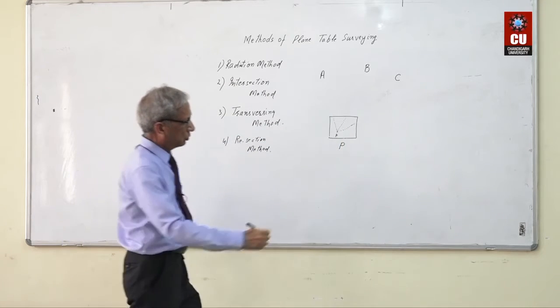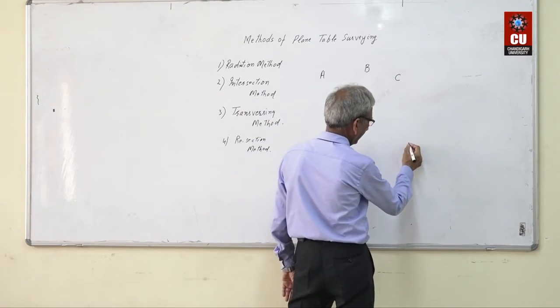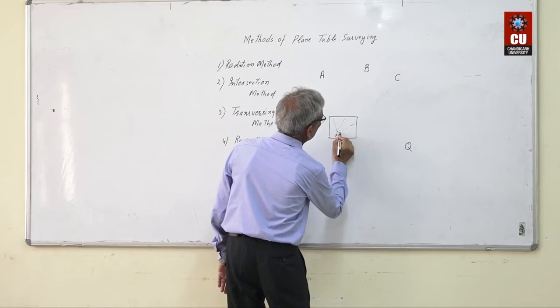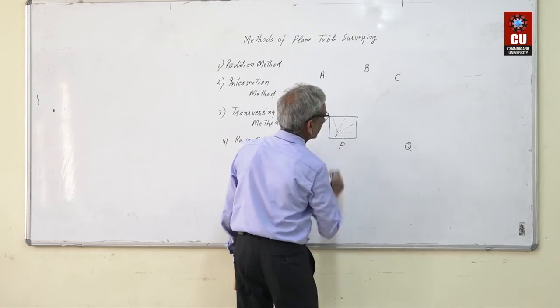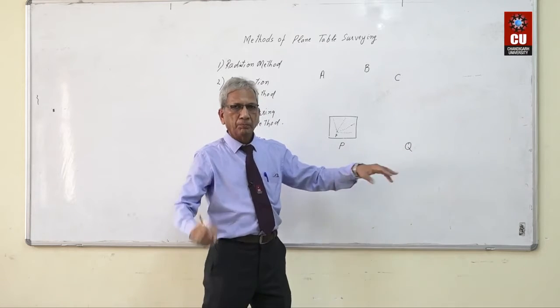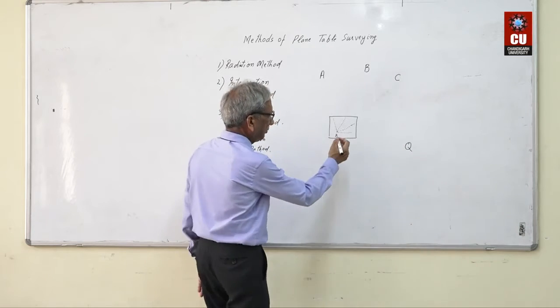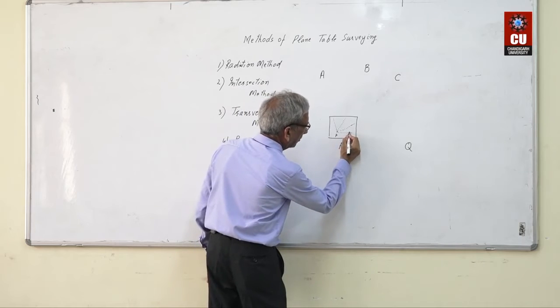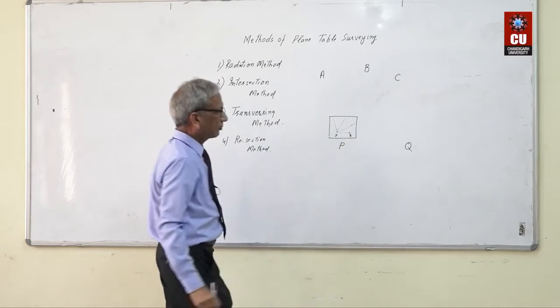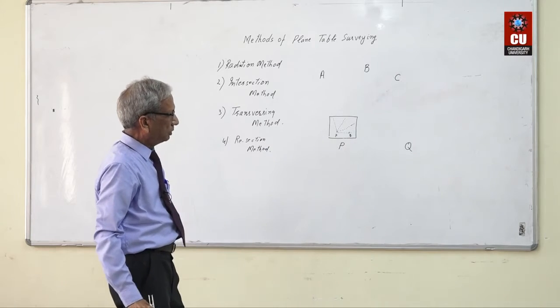We will also mark another point Q. We will measure the distance PQ on the ground with some scale, and mark the point q on the drawing sheet. Now point Q has been marked.